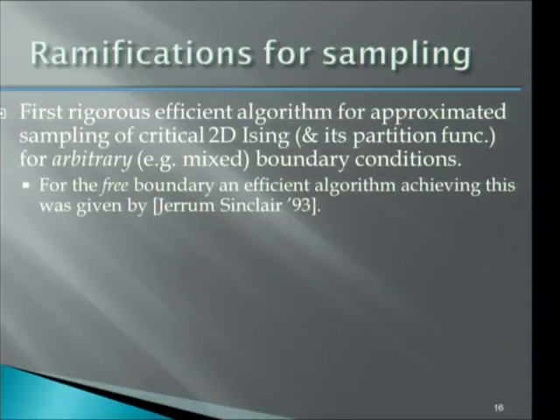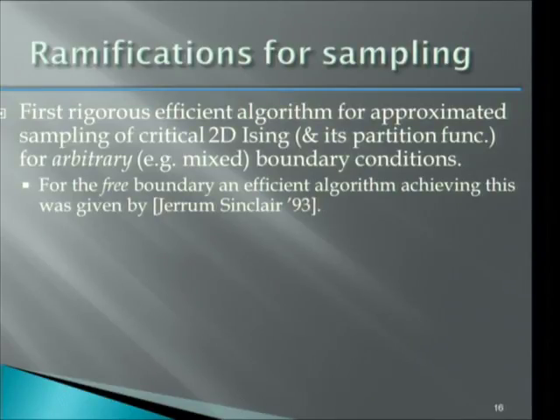Okay, so I did spend a lot of time showing this coupling argument at the beginning of the talk, so I can say a few extra words about this slide.